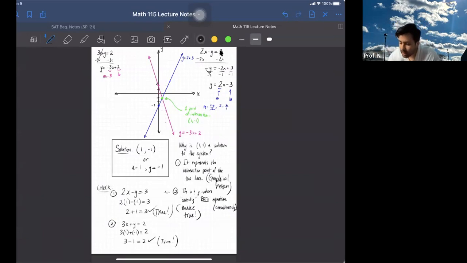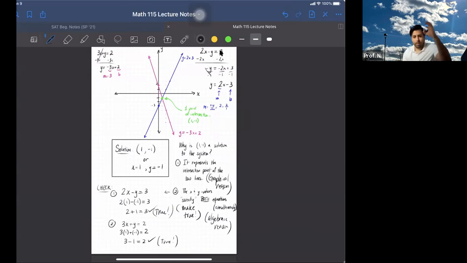The second reason is an algebraic reason, because it's algebraically making both of them true. So what we're going to end up doing is solving this system of equations without graphing it. The two other methods that we're going to learn, the substitution method and the elimination method or addition method, will never require you to graph them.